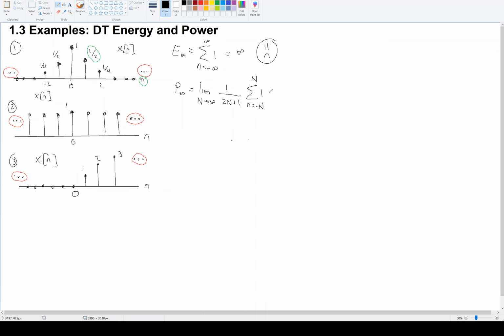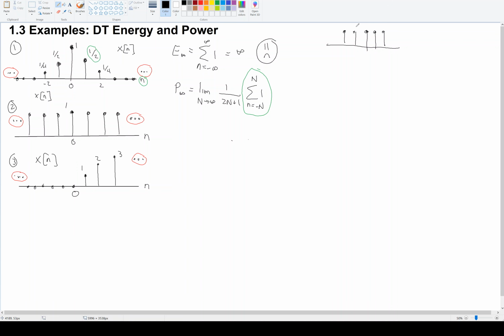Because this sum goes to infinity, but then this thing gets divided by infinity, so we're not sure what happens there. But the key is this guy. Let's consider for some finite n what the sum is equal to. So I'm going to draw the signal here again, even though I have it over here as well. But let's say n is just 2.